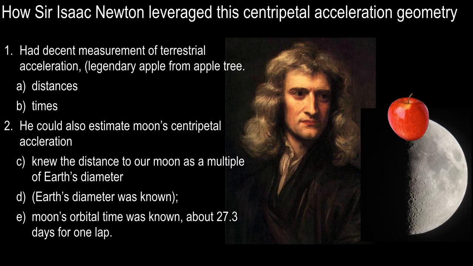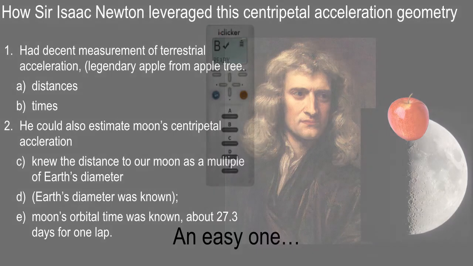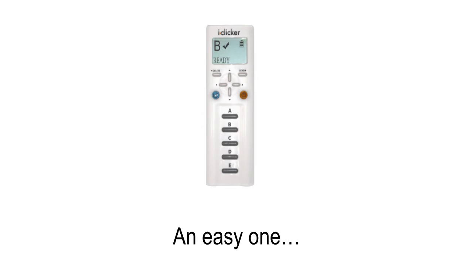Now, before we get to that concept and put it all together, I want to ask you, whoa, excuse me, my microphone fell off. Okay, I want to ask you an easy clicker question. So get your clicker out and get your brain out. I'm going to give you a very short amount of time to make this decision, like 30 seconds.